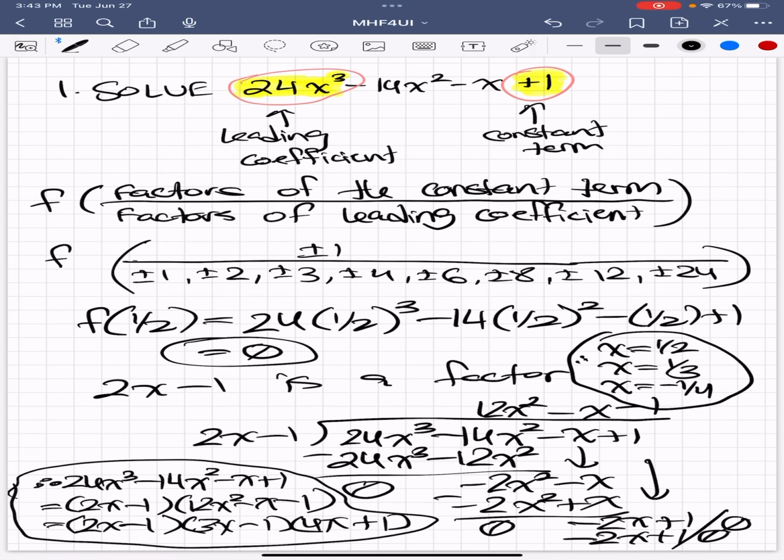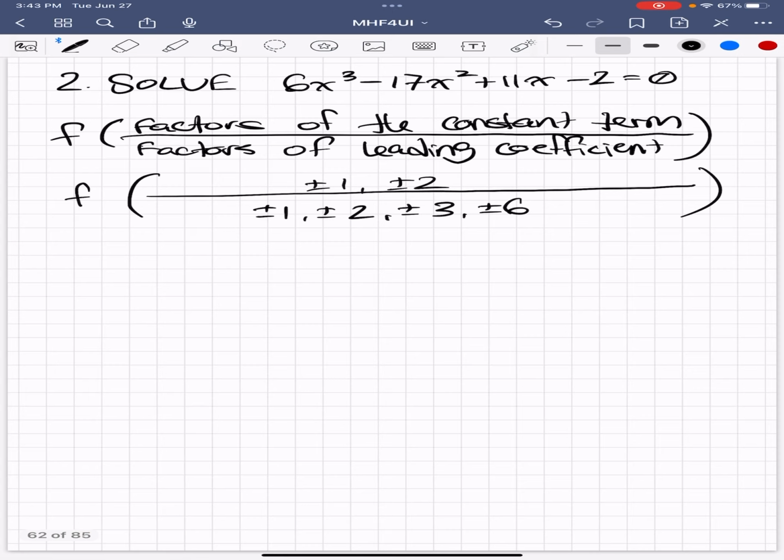And then we have our x equals there for solving the polynomials.